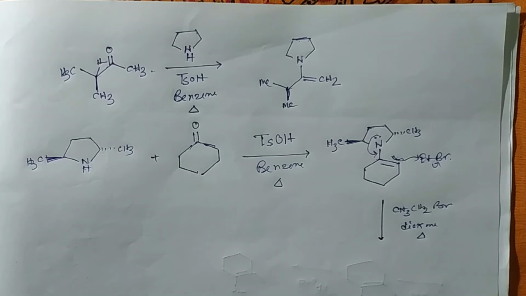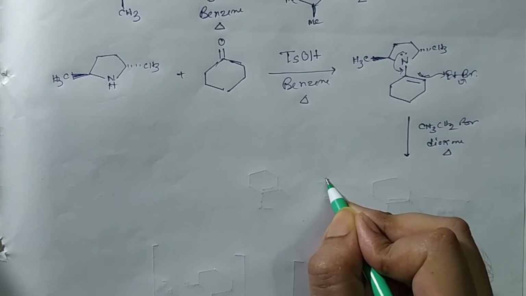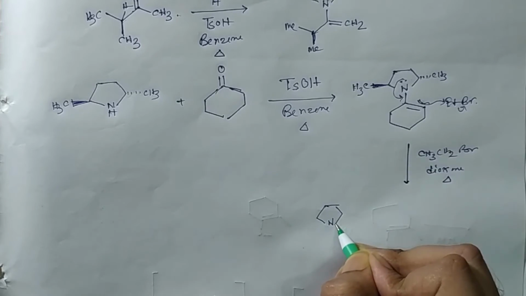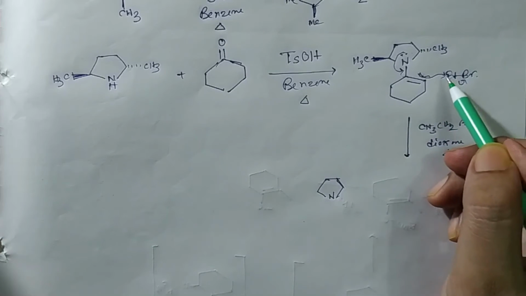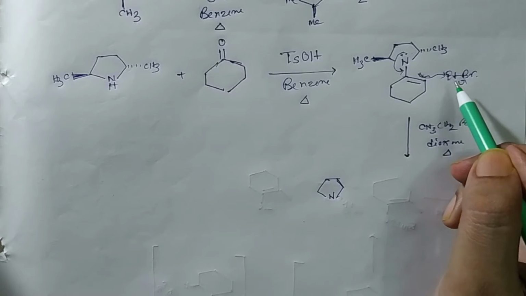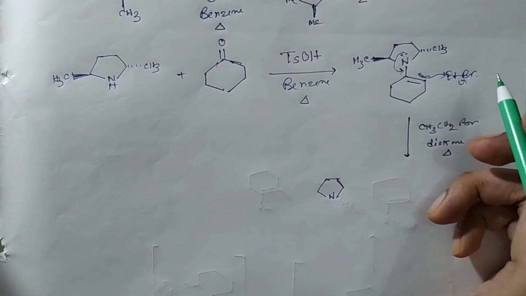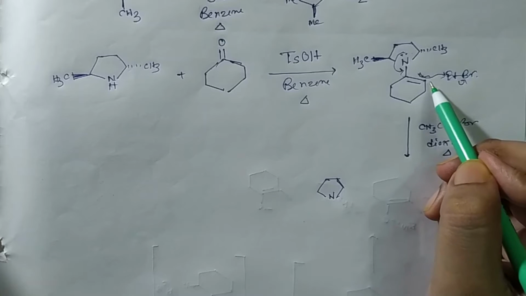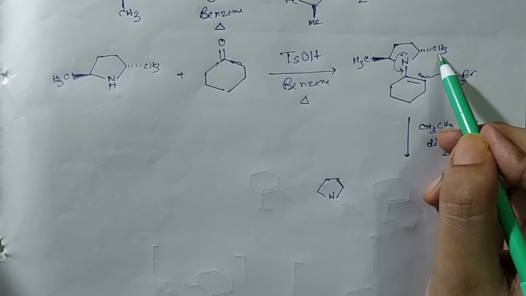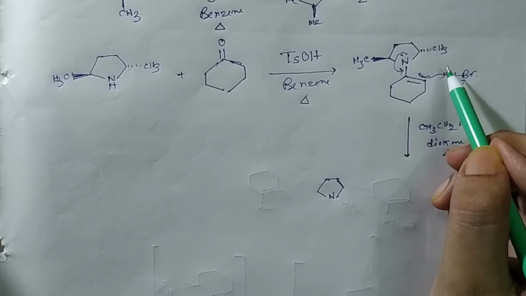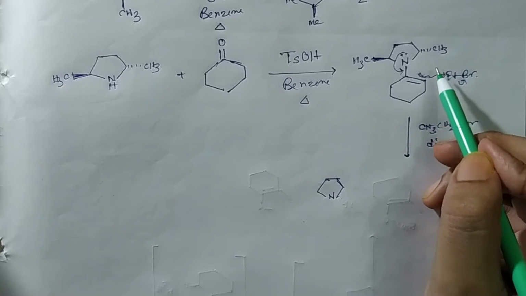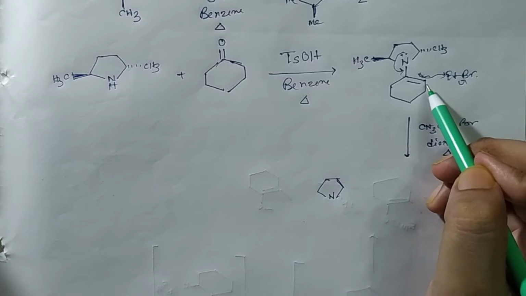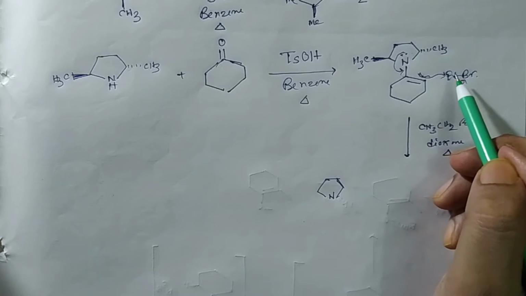But after the formation, what will be the direction of the formed C-C bond? The system will tend to minimize the repulsion among the reacting groups. So there could be two possible products, because this center will be converted into an sp3 center. There is a chance of the C-C bond forming above the plane or below the plane. But if that carbon is formed below the plane and this carbon is also below the plane, they will experience a severe repulsion among themselves. So the major product will be the one where the carbon-carbon bond formed is above the plane.